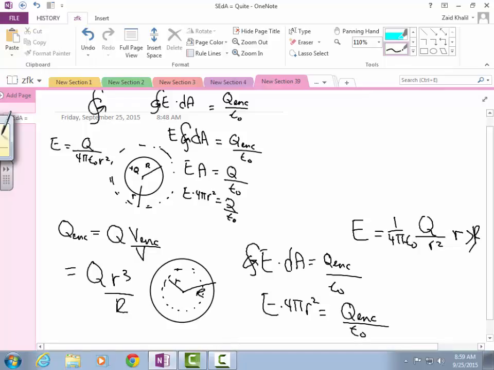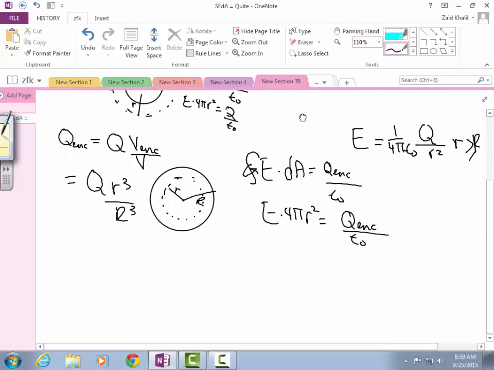Everything else cancels, because all the 4/3 pi cancels. And so what we end up with is E times 4 pi r squared is equal to Q times little r cubed over epsilon naught big R cubed.